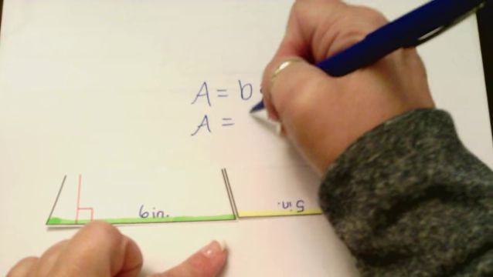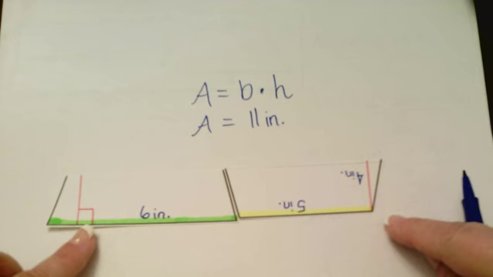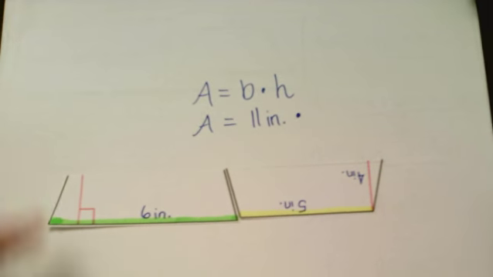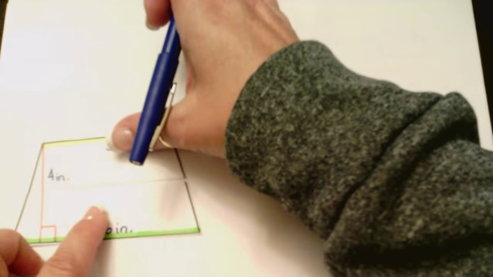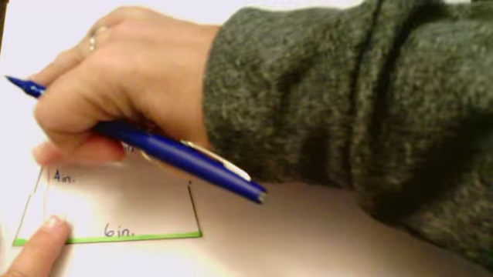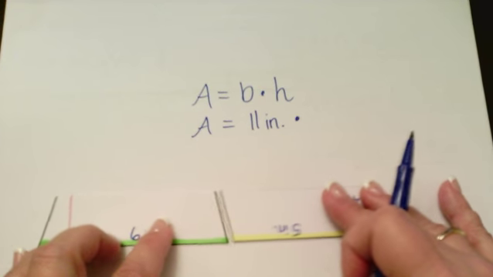So now we have 11 inches as the base of this new parallelogram, and then times the height, which is not 4 inches anymore, because remember, it used to be 4 inches tall when we started, but now that we cut it in half, the height is only 2 inches.